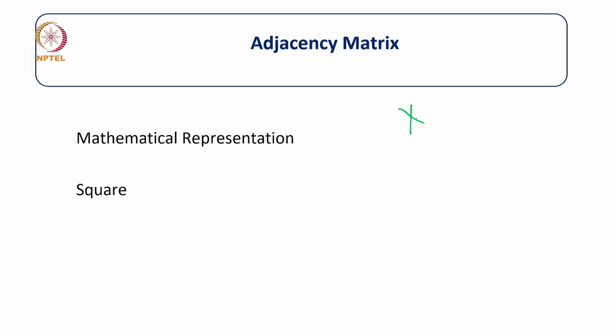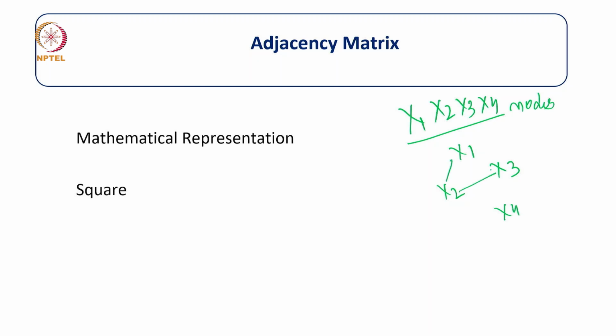Okay. So let's say x1, x2, x3 and x4 are the nodes. Let's say this is x1, this is x2, this is x3, and say for example this is x4. These are connected, these are also connected, these are connected, this is also connected.